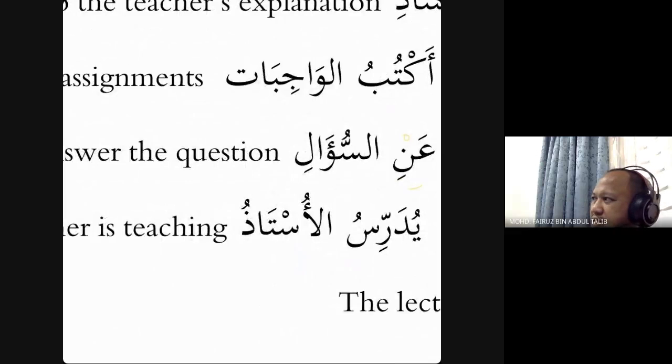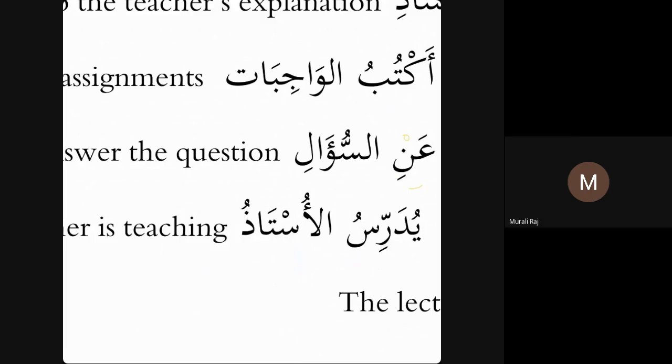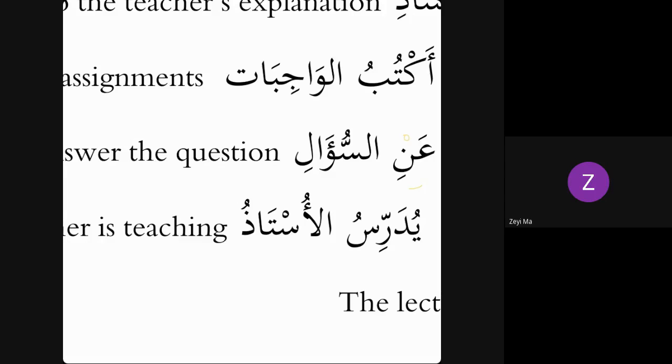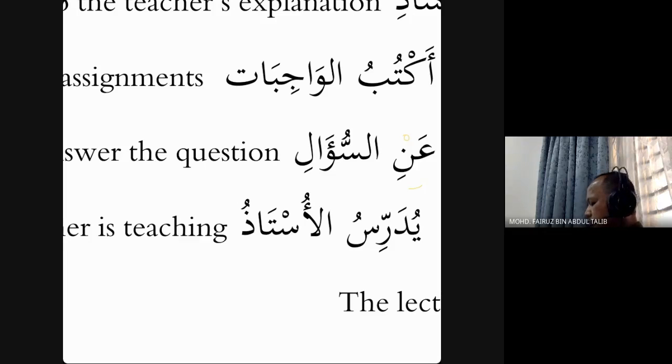You can combine. Okay, how do you say the ustaz is teaching the Arabic language? What is the word for Arabic language just now? Al-lughatal Arabiyyah. Yes.